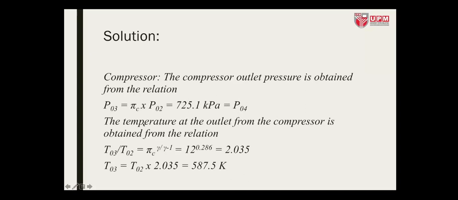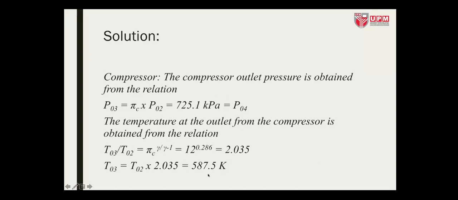The temperature at the outlet can be obtained from the relationship TO3 divided by TO2, and this formula is normally being given. You will get the value of TO3 to come out to be 587.5 Kelvin.